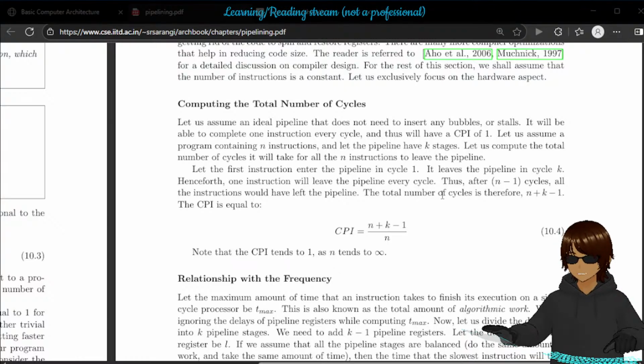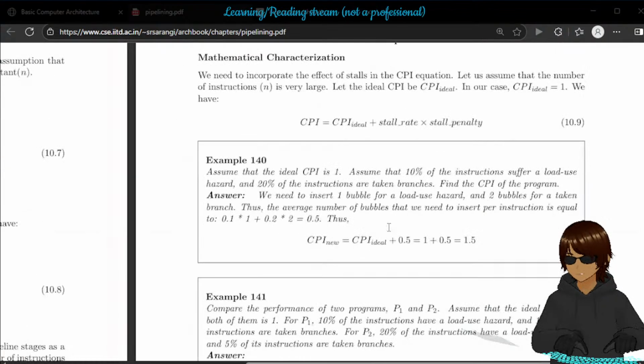The total number of cycles is therefore n plus k minus 1. The cycles per instruction is n plus k minus 1 divided by n.